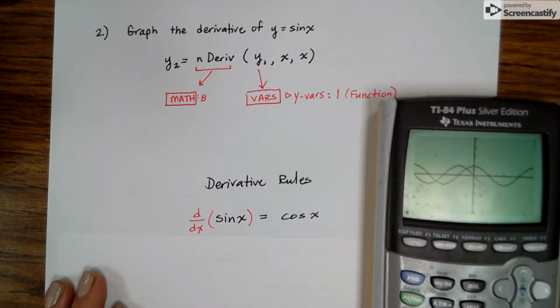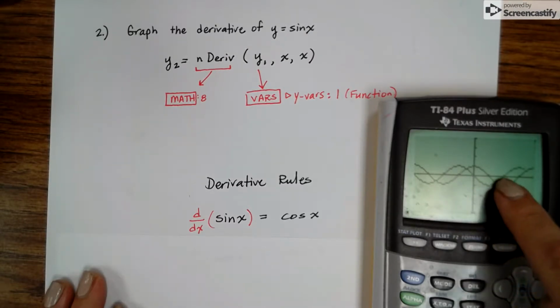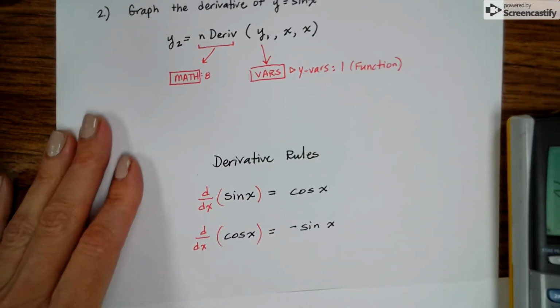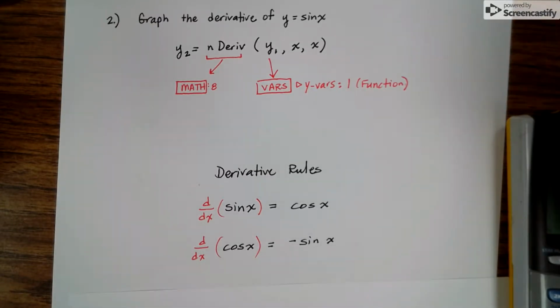It does look like sine, but a little different. Sine goes through 0, 0 here, but notice that I'm going down first with my curve instead of going up first. So that just means that the derivative of cosine is negative sine. And these are two that you have to memorize.